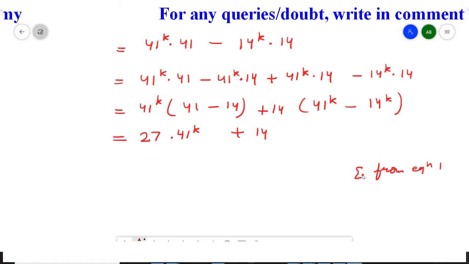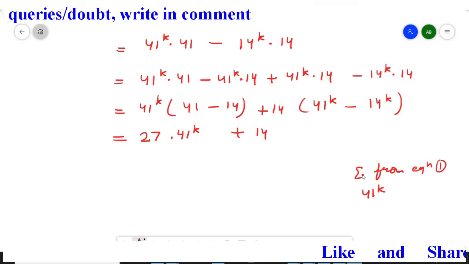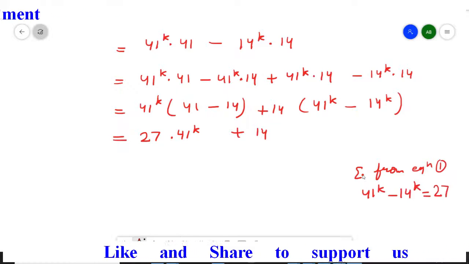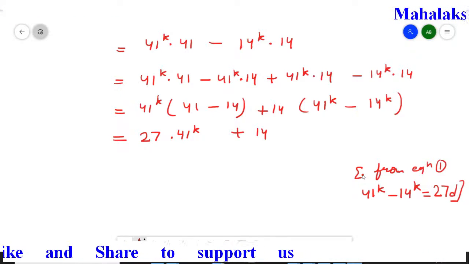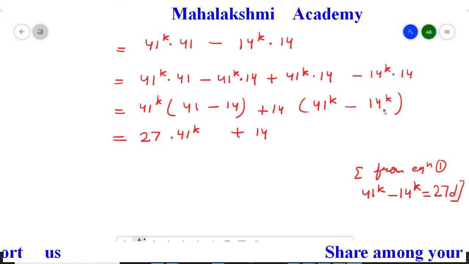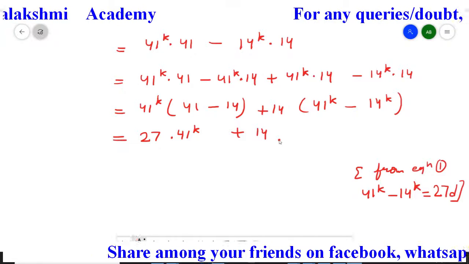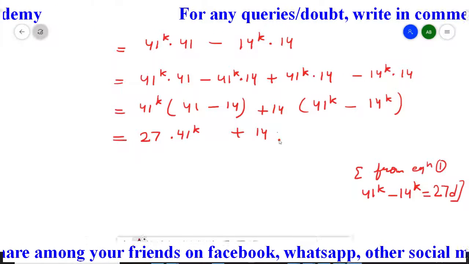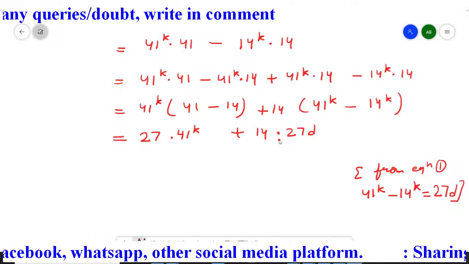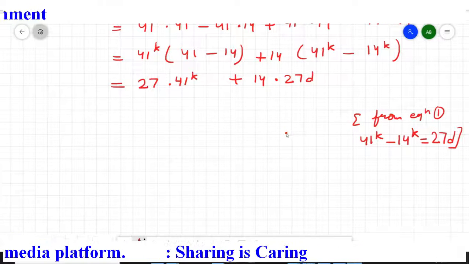In equation 1 we have 41^k minus 14^k is equal to 27d. So instead of this bracket, we will replace it by 27d. So we write here multiplied by 27d.